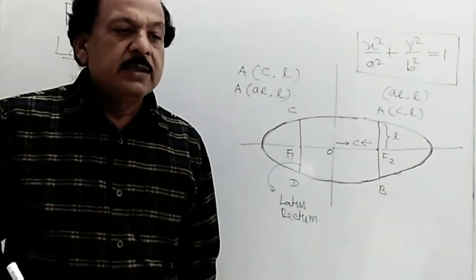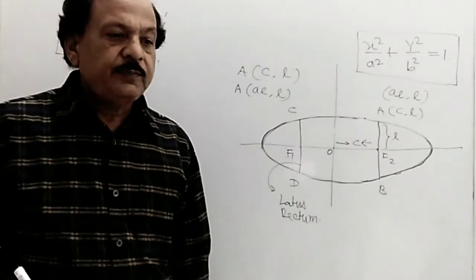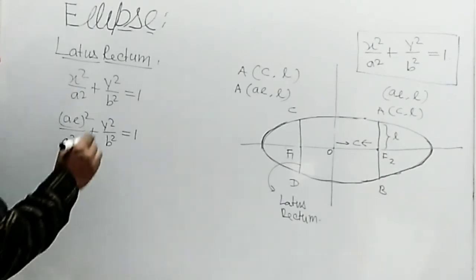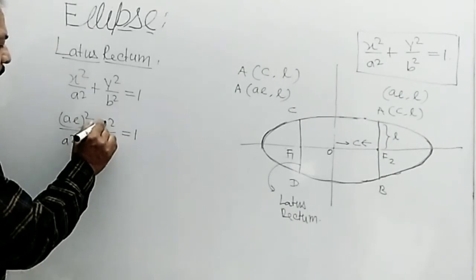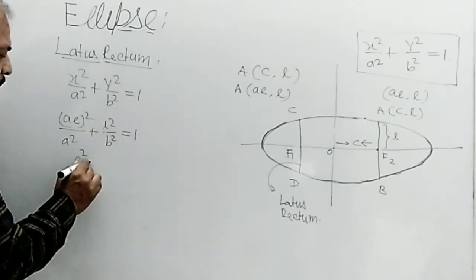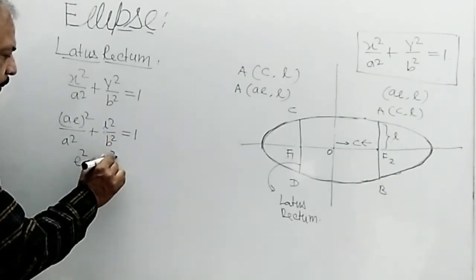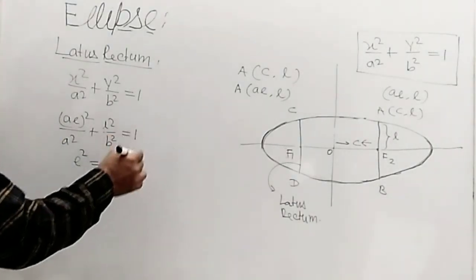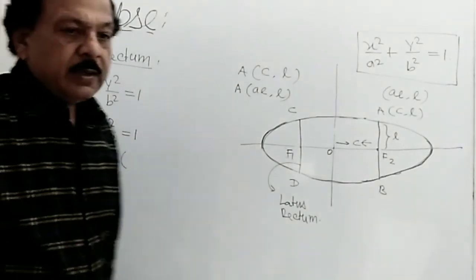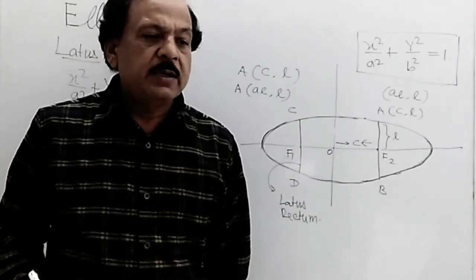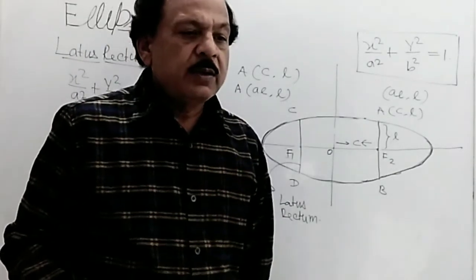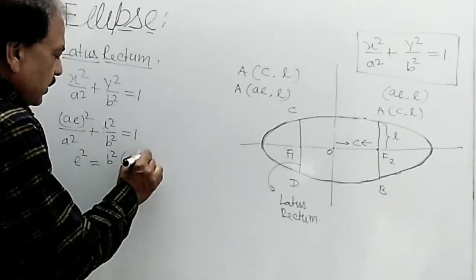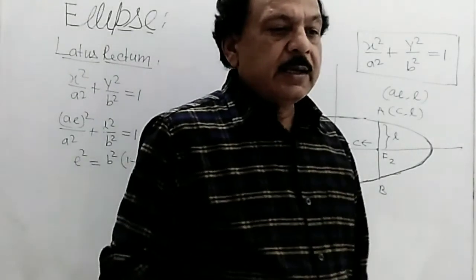So you get e square equal to, in the place of y, this is L square, plus L square upon b square equal to 1. So e square equal to 1 minus L square upon b square, that is L square equals b square times (1 minus e square).